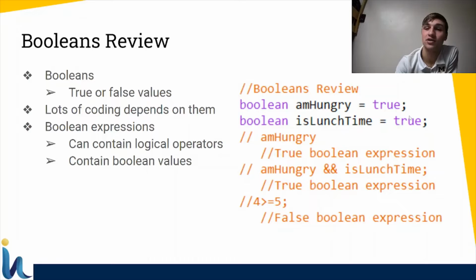Since both are true, true and true is equal to true. And at the bottom here, this is also a Boolean expression, even though it doesn't contain any Boolean variables. It contains a logical operator here, and is 4 greater than or equal to 5? No, that's false. So this is a false Boolean expression.